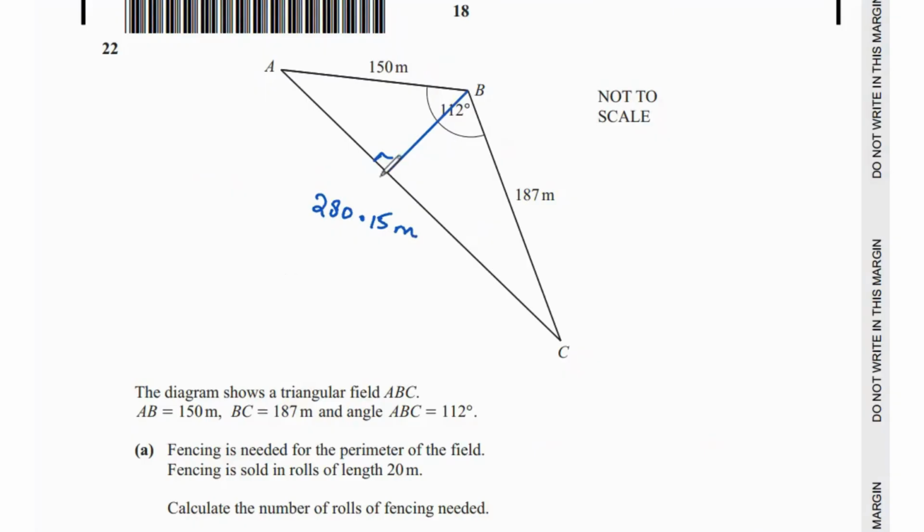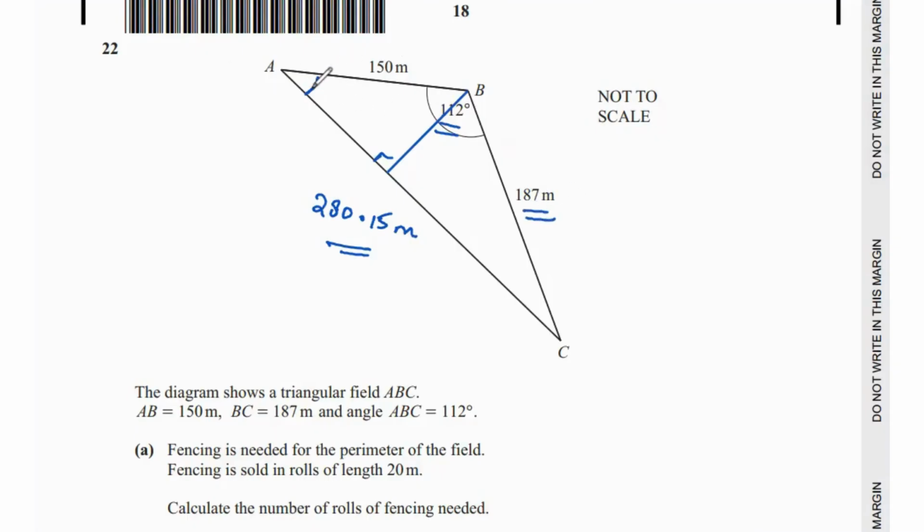So to find the shortest distance, we need one of the angles. So if we try to find angle A, what we can do is use the sine rule. Why the sine rule? Because we have this length and its corresponding angle. We have this length.